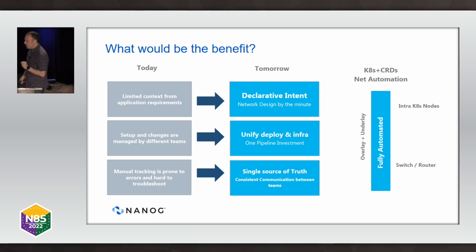Then it's only one pipeline investment that I'm doing along with my application to also take care of the network. And I want to have only one single source of truth regarding anything that I'm going to need at the edge. Then everything is going to be actually in this intent. And that intent is going to have a values file where I can customize everything from that point of view.